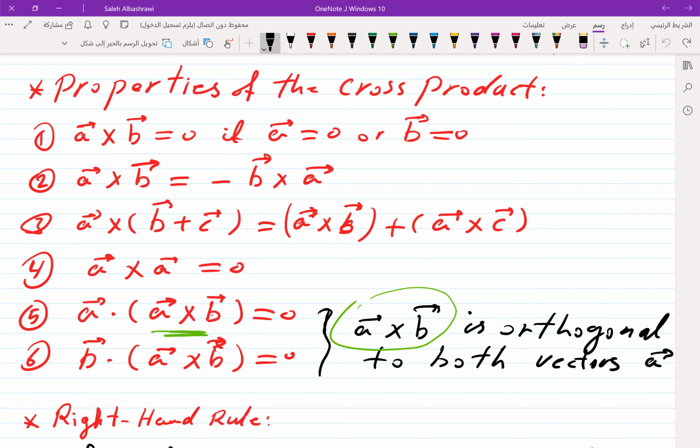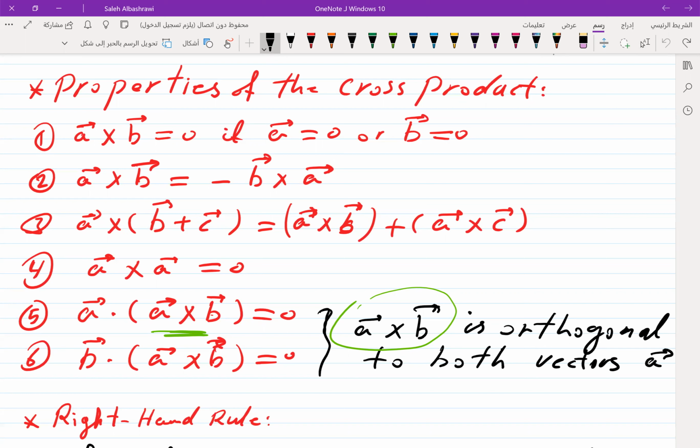If we reverse the order, the direction of the vector will also be reversed. It is also distributive: A cross (B plus C) equals A cross B plus A cross C. A cross A will give me 0. A dot (A cross B) equals 0 and B dot (A cross B) equals 0.